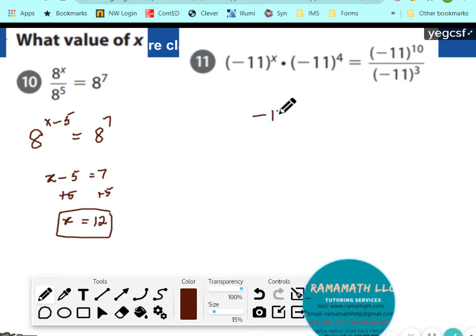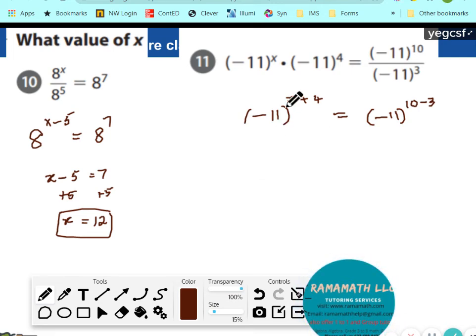I'm going to keep the base -11 to the x plus 4, -11 to the 10 minus 3. You guys understand? Which rule is that? What do I need to subtract? Put them in the chat box. Quotient rule. Okay, quotient rule.